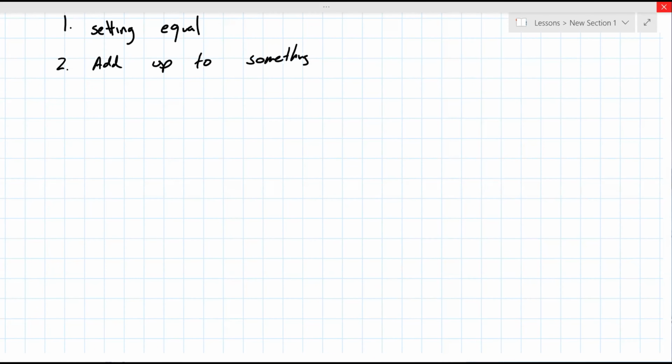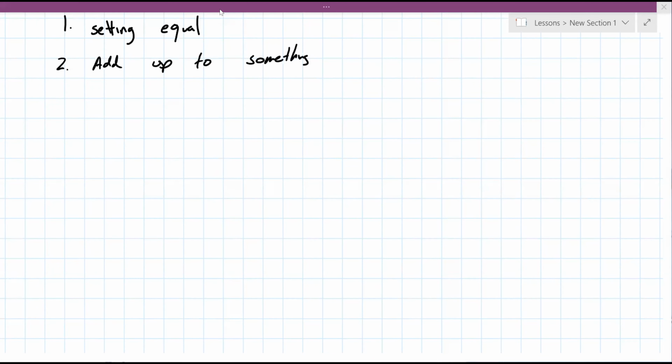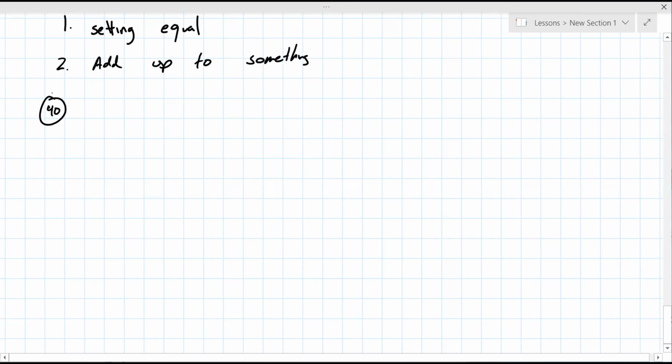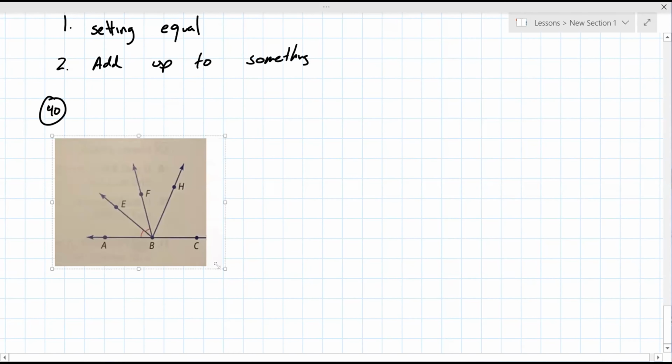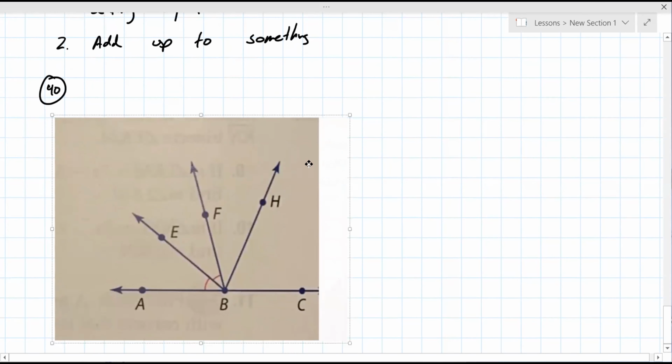Let me copy that one more time here. So we're going to do 40 here. The book says in 40, E to B to C, this whole thing here, is 31A minus 2.